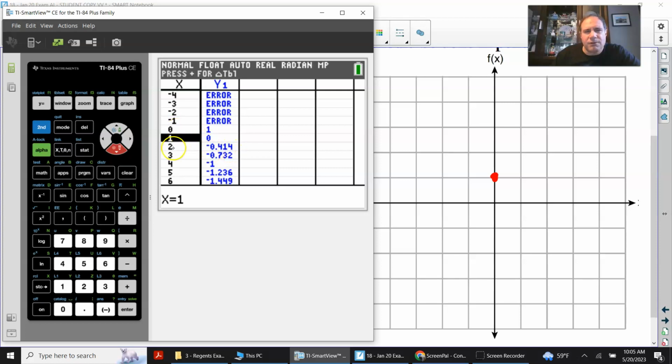I'm going to go to 1, 0, which is this point. Then I'm going to go to 4, negative 1, which is here. And that's all I could fit. I might go to 3, negative 7.32, but you don't have to, because I like to have a guide where I'm going, and that's around where I have to graph.